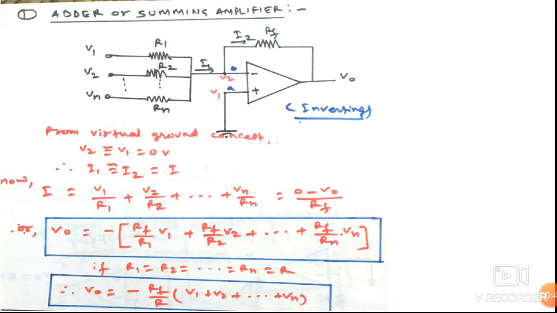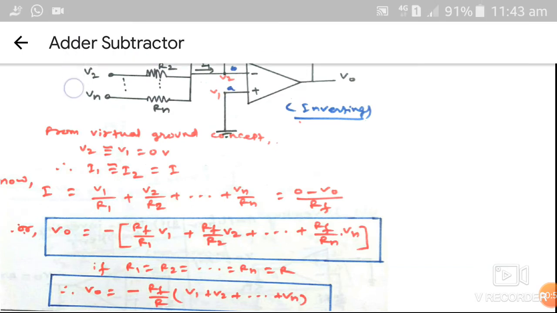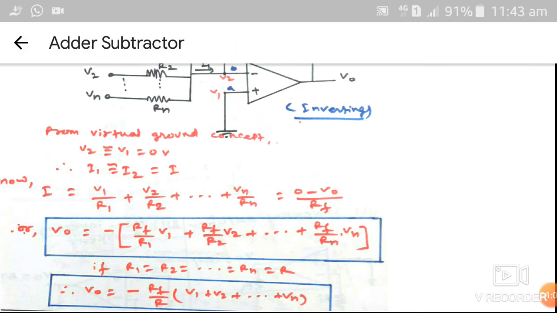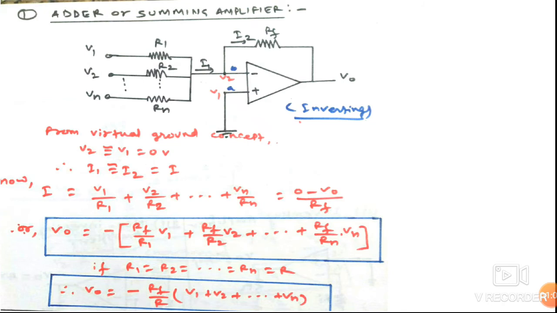The operational amplifier is used in inverting mode, and at the inverting terminal there are n number of voltage sources, V1, V2, V3 up to Vn, connected through resistances R1, R2, R3 and Rn. There is a feedback resistor Rf, and the non-inverting terminal is grounded here.